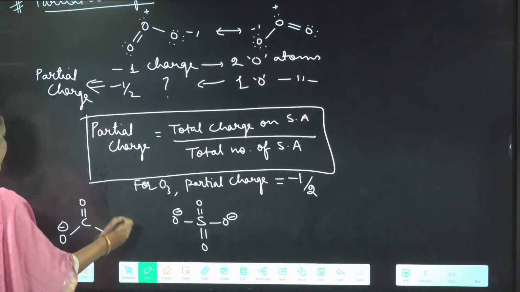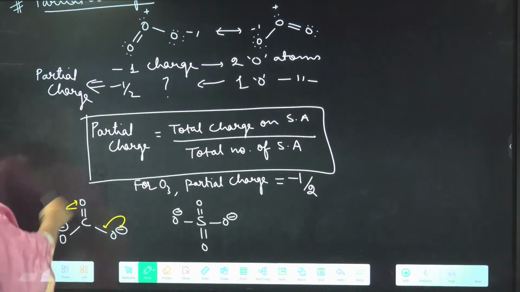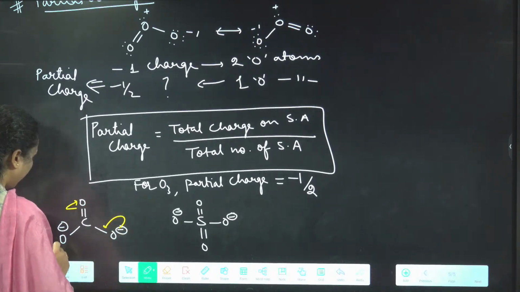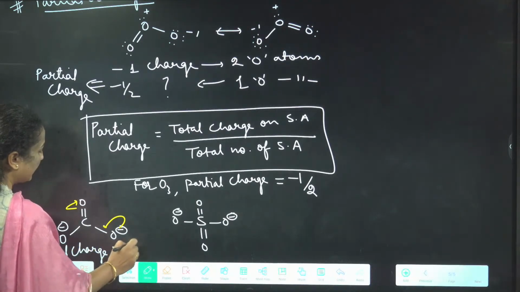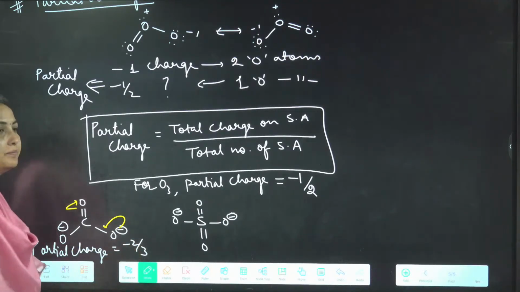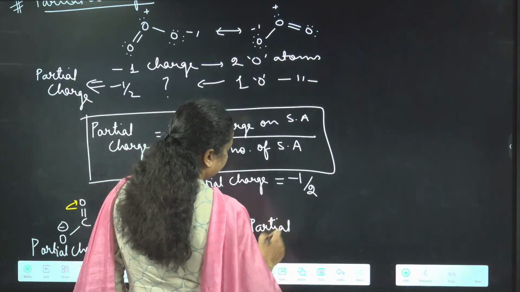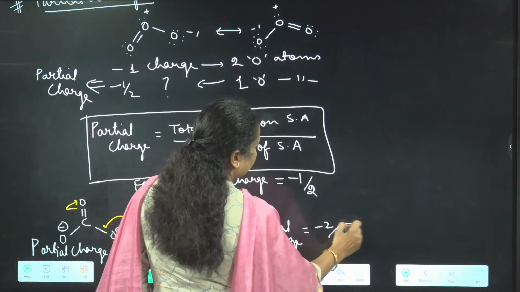Here it will seem like this: minus 2 charge on these two oxygens is being shared with all the three. Or else from the formula, partial charge over here is going to be minus 2 upon how many surrounding atoms? 3. And here, partial charge on oxygen is going to be minus 2 upon 4, which is minus 1 by 2.